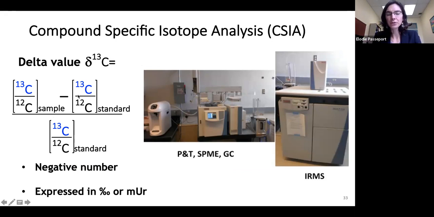And this ratio is compared to that same ratio in an international standard, so that results out of my lab are comparable to those out of Munich and Leipzig and all the other groups doing this kind of thing. It's often a negative number, and it's very small, so it's expressed in per mil. We're using a very specific mass spectrometer to do this. It's an isotope ratio mass spectrometer that's coupled to a GC, and we have a variety of pre-concentration techniques ahead of that.